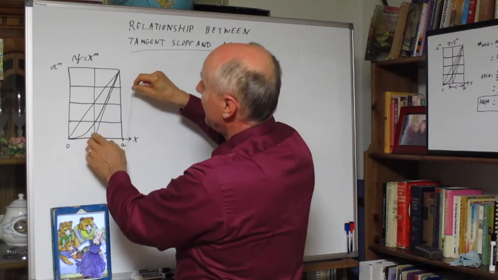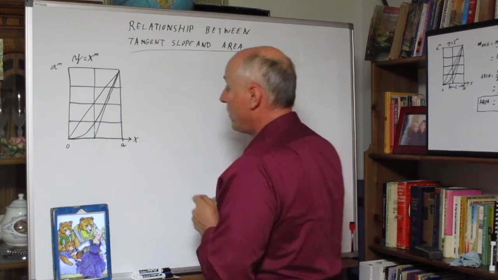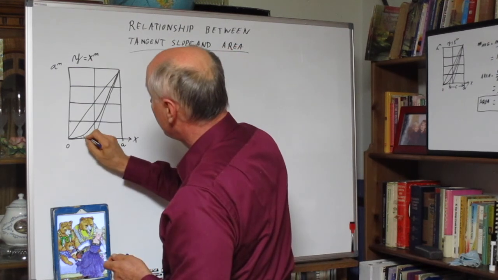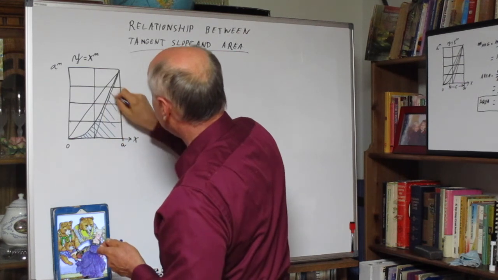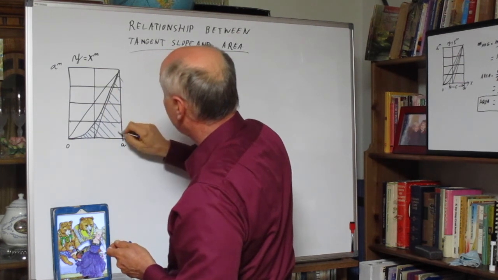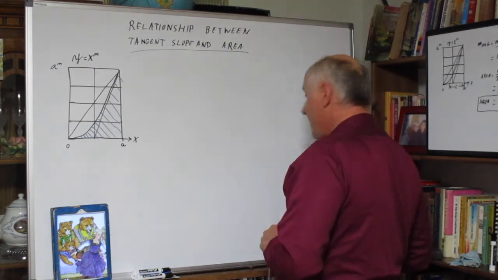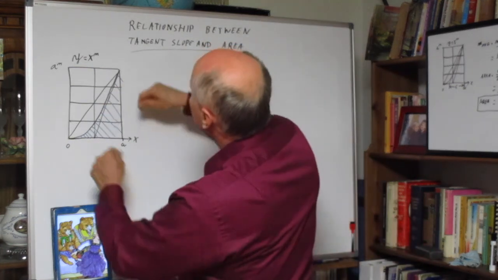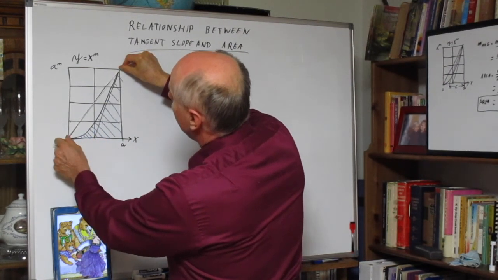So we can see that the area underneath this wedge, that's what we're after. Well, that's going to be something between the lower bound and the upper bound.